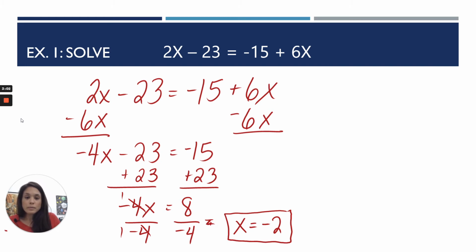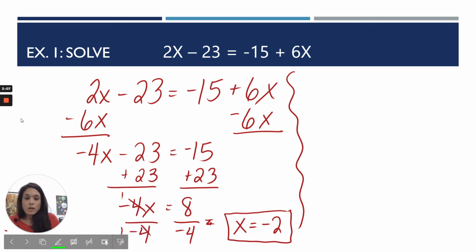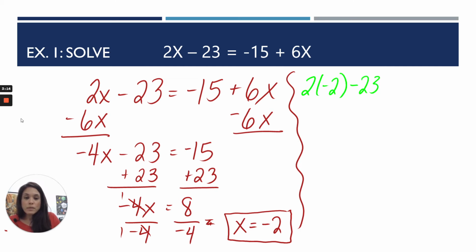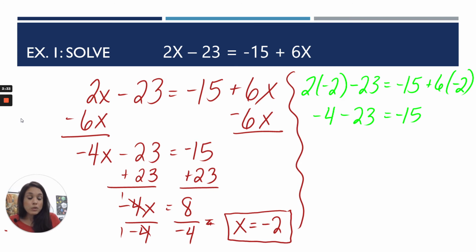So let's try it. 2 times negative 2 minus 23 equals negative 15 plus 6 times negative 2. So 2 times negative 2 is negative 4 minus 23 equals negative 15. 6 times negative 2 is negative 12.